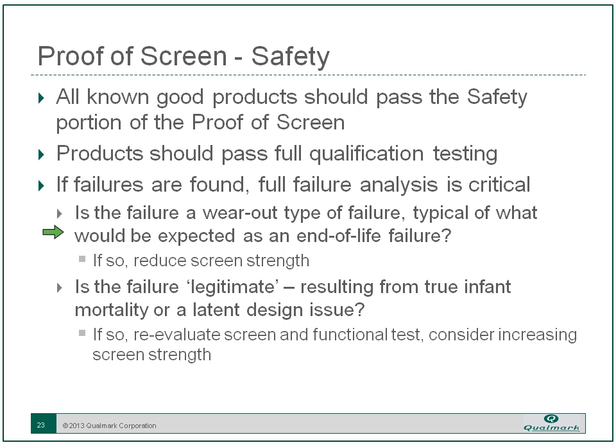If it is, then let's reduce the screen strength. Now, is the failure, quote, legitimate? This is a bad product. It had a true infant mortality or a design issue that should have been spotted. Well, if that happened, let's look at the screen and functional test and see if we need to increase the screen strength, or if we need to make some changes to our functional test so that we can catch that in a single pass rather than after multiple passes through the screen.